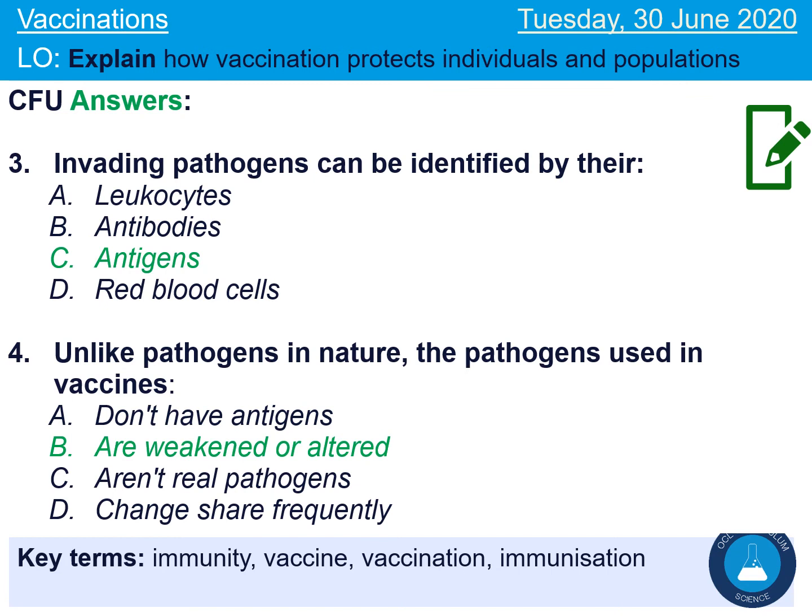Question 3. Invading pathogens can be identified by their antigens. Remember that your body recognizes these antigens as foreign on the pathogens. Question 4. Unlike pathogens in nature, the pathogens used in vaccines are weakened or altered.